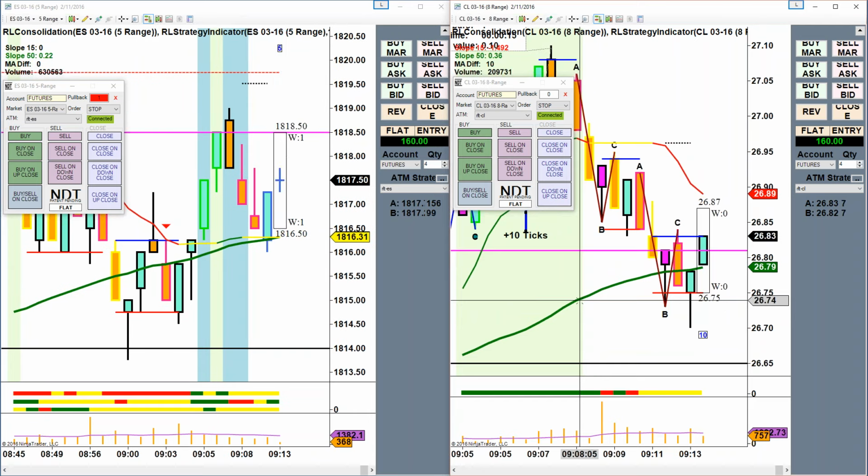You can see that crude is heading up into the higher time frame direction, which is to the upside.